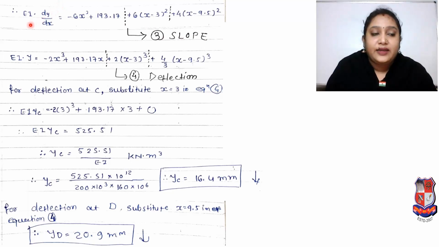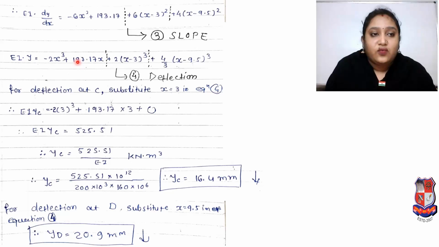We will integrate it. So EI into y: here 2 is there, so 3 will be there, we have to divide by 3. So what will that be? Minus 6x cube by 3, and then 3 into 2, so 3 will be cancelled. So here minus 2x cube, plus 193.17x. Here x is not there, but if we integrate it, then we have to put x over here.